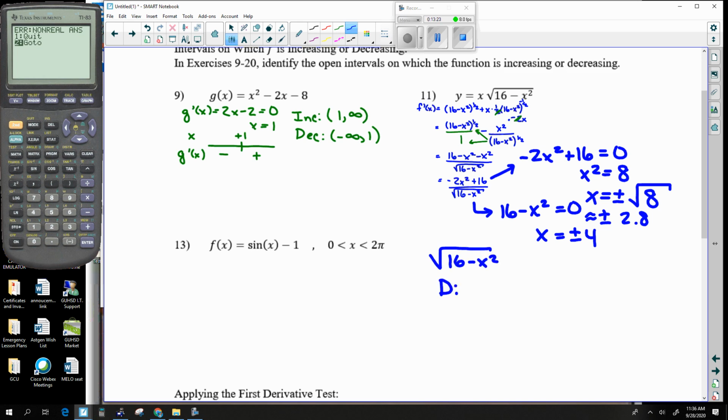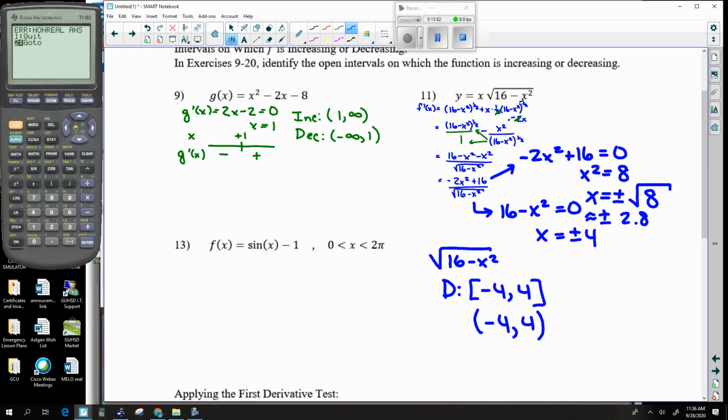So that isolates the domain: x has to be between negative 4 and 4, because the inside can't be negative. Setting that as greater than 0 means it has to be between negative 4 and 4.